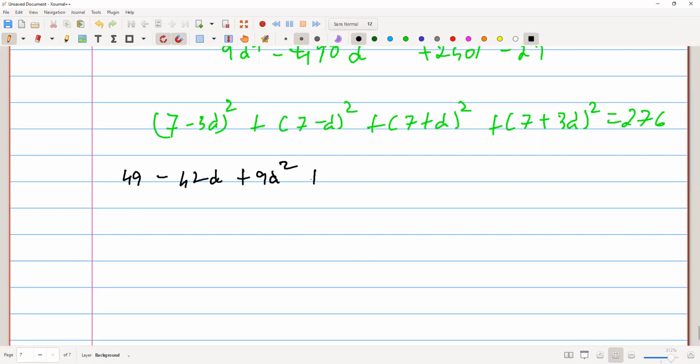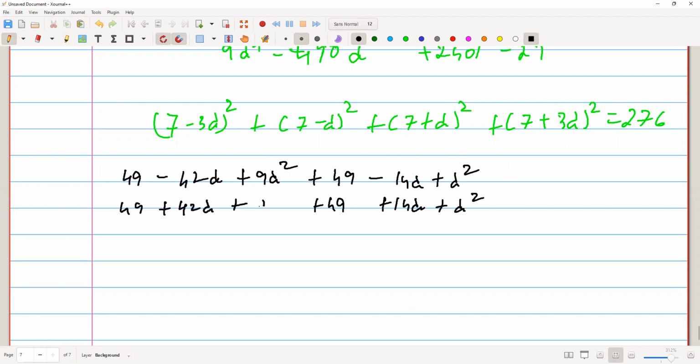Then here 49 minus 14d plus d square. Then 49 plus 14d plus d square. Then 49 plus 42d plus 9d square.